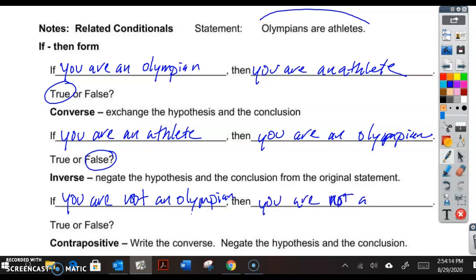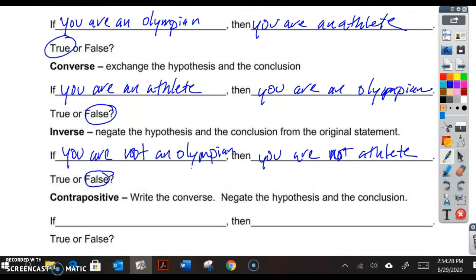This is barely legible. I missed my Promethean board. Okay, and then we'd have discussion about that, and we'd say, well, just because you're not an Olympian, it doesn't mean that you're not an athlete. So that's false.